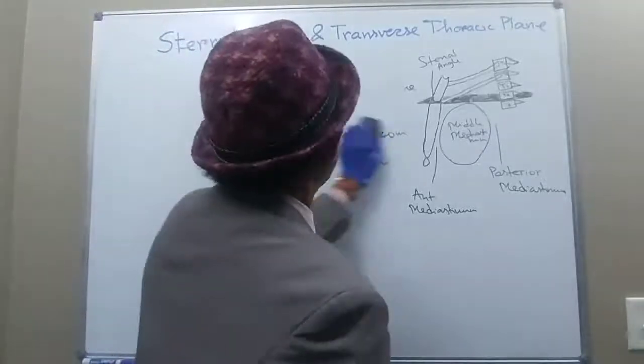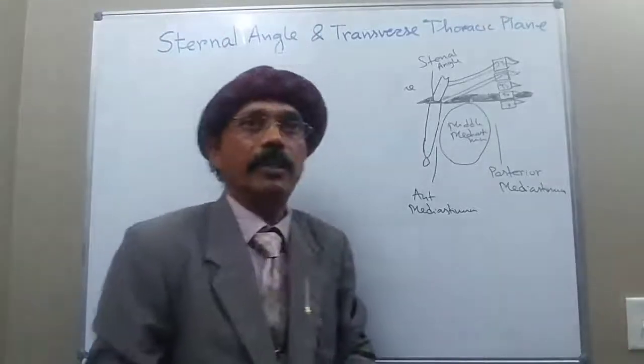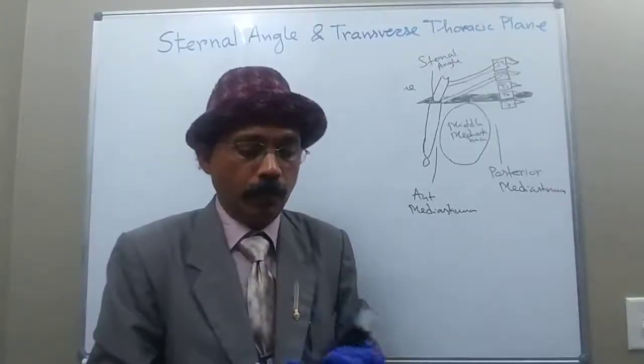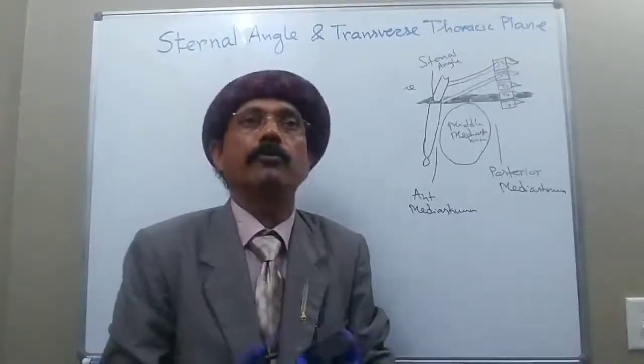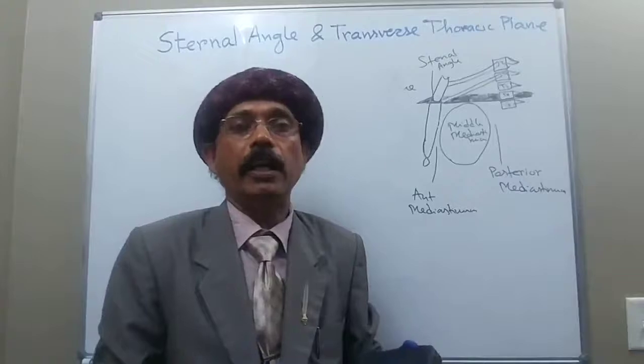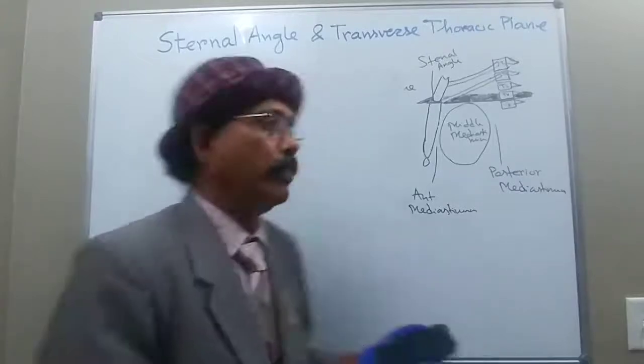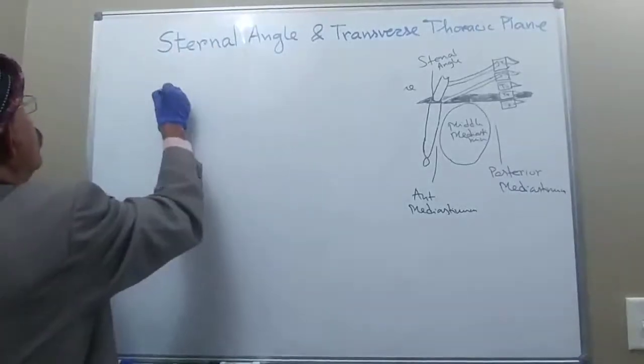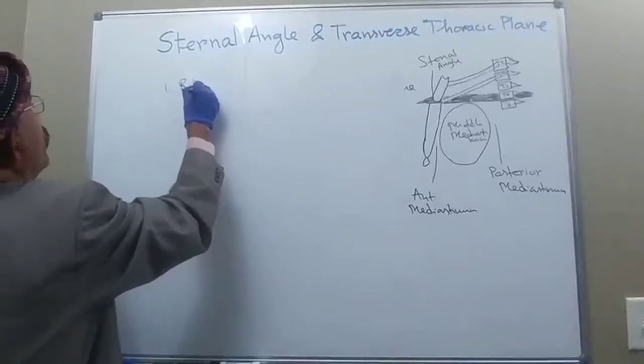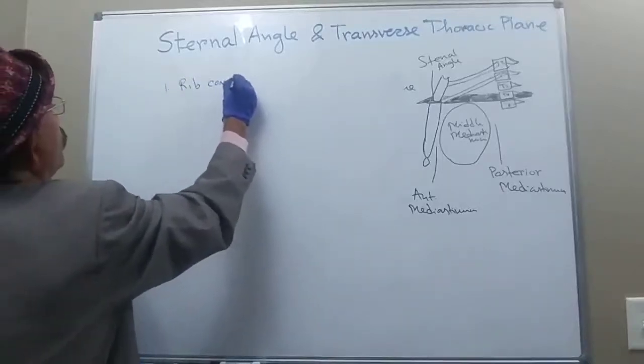We also have a lot of other structures present at the transverse thoracic plane. So we'll find out the importance of the sternal angle and the transverse thoracic plane. Number one is rib count, which we just discussed.